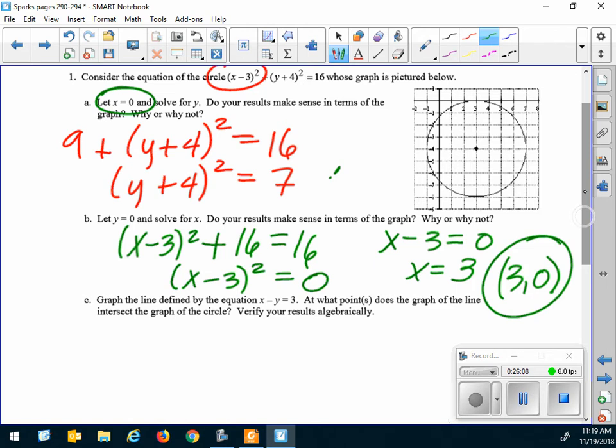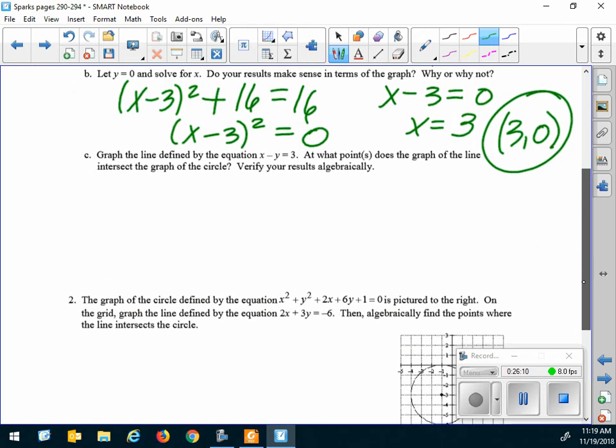Questions? You all right? We got one more question about this particular little jewel. Graph the line defined by the equation x minus y equal 3. How do we graph that?